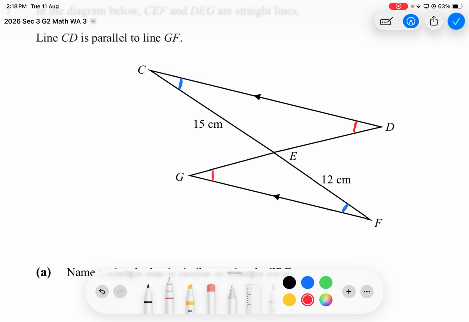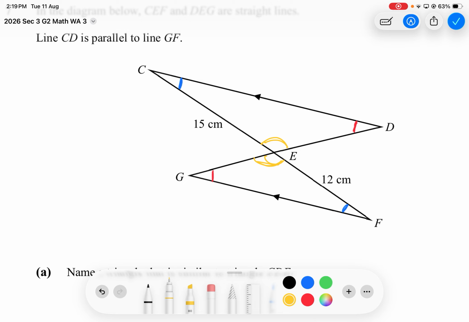Then lastly, this angle at E, vertically opposite, so they are the same. So these two triangles have the same angles. All the three angles are the same, so they are similar.